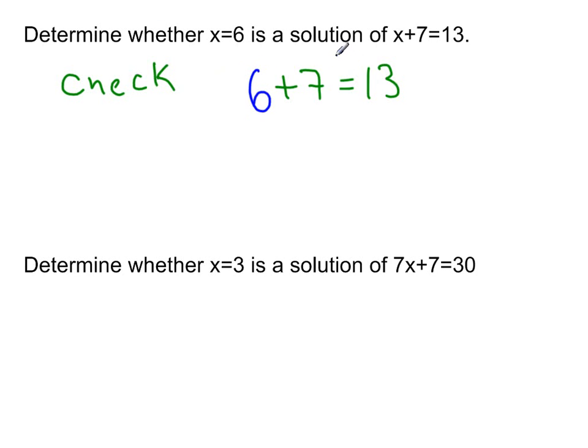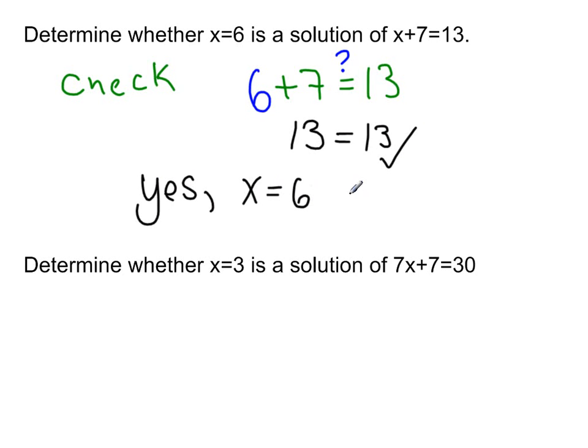And now it's up to us to determine if 6 plus 7 equals 13. Notice I wrote a question mark, because I'm not sure if they're equivalent. But 6 plus 7 is 13, and 13 does equal 13, so we're good. So we say yes, x equals 6 is a solution. We could simply say yes; I was just being more detailed on what our solution is.